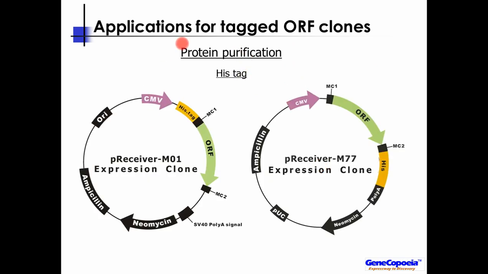We have a large number of vectors that contain hexahistidine tags, which can be expressed in either mammalian cells or E. coli. Shown here are two typical vectors containing the His tag at either the N terminus or the C terminus, and we simply have the ORF cloned so that it creates a fusion protein with the tag, an in-frame fusion.